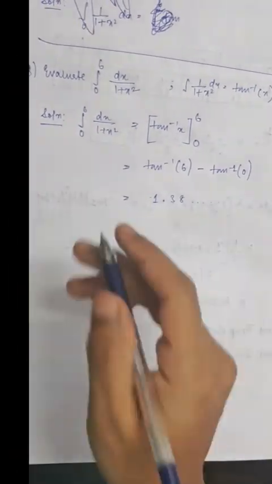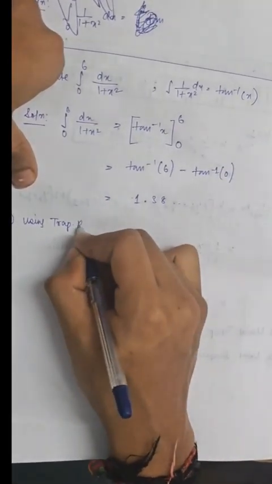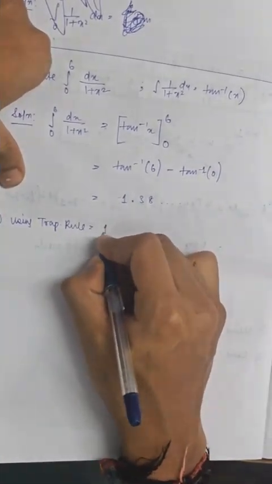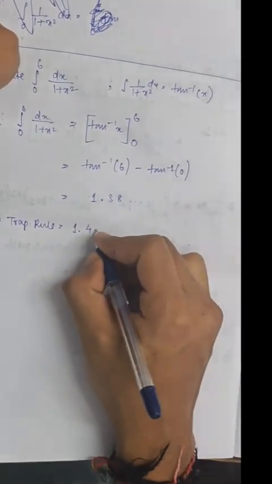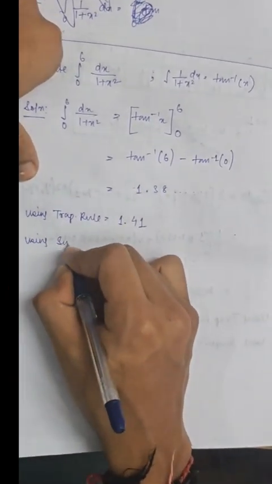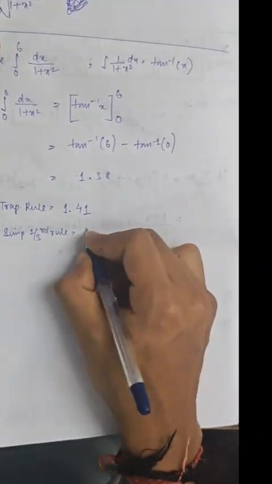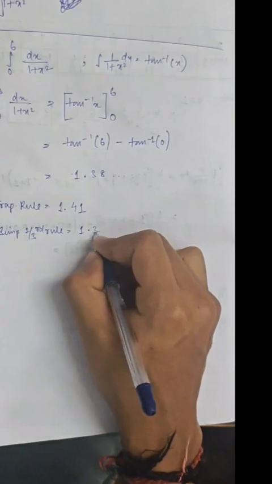Now let's analyze the results we got from the different methods. First, using the trapezoidal rule, we got an answer approximately 1.41, and using Simpson's one-third rule, we got an answer close to 1.36.